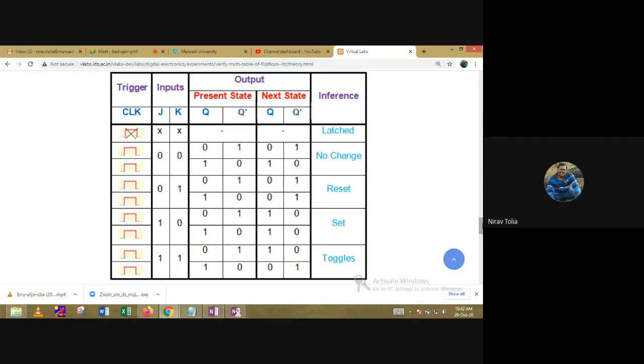And when my J and K inputs are both 1 1, my output is toggle. So if my present output is 0, it will change into 1, and if it is 1, it will change into 0. This is the truth table of the JK flip flop.